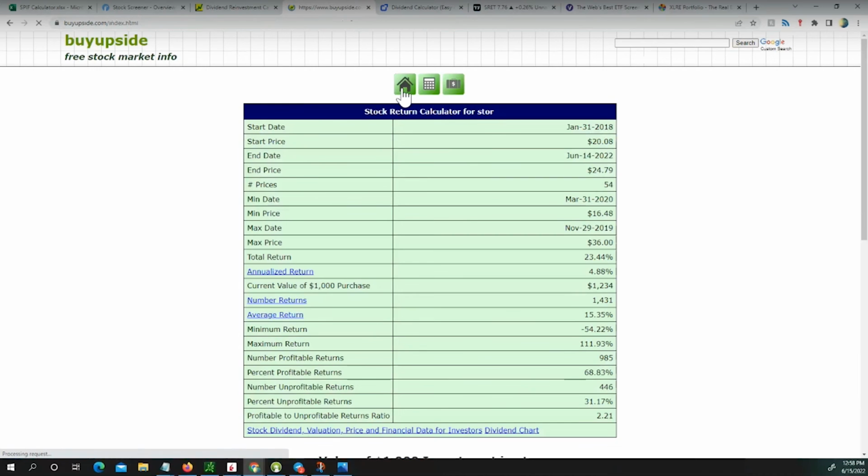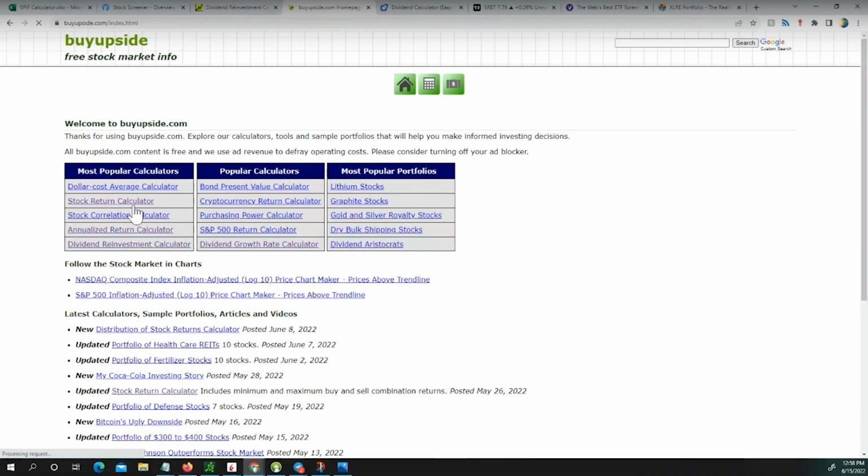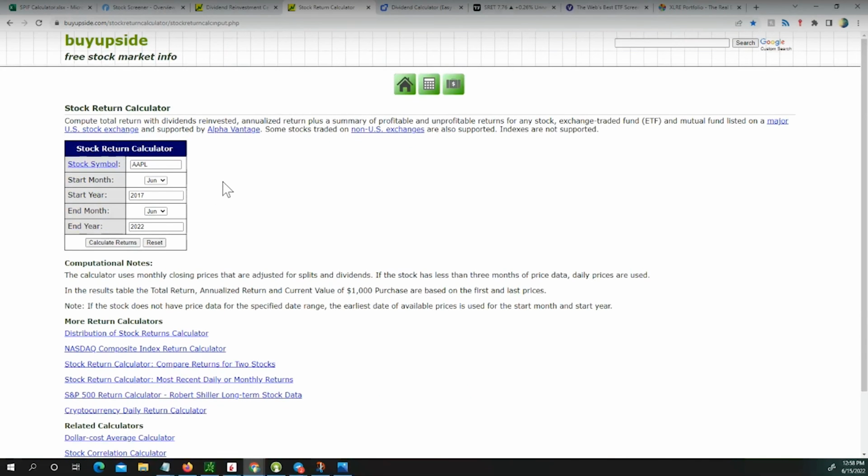We can do the calculation and see just performance wise. We don't want to go so far into the whole situation. So performance wise, that was SRET. Let's say, just like the other ones, let's just do January 2018 to date and see annualized performance.